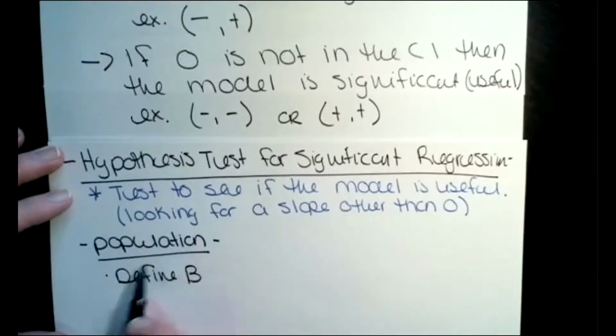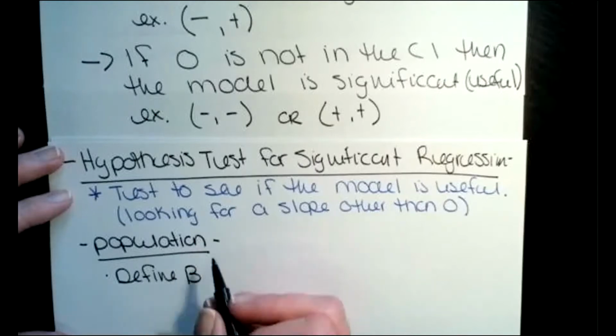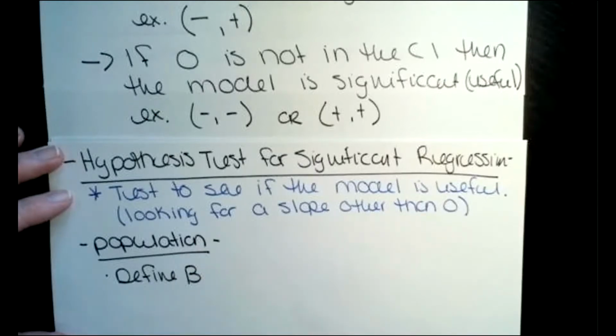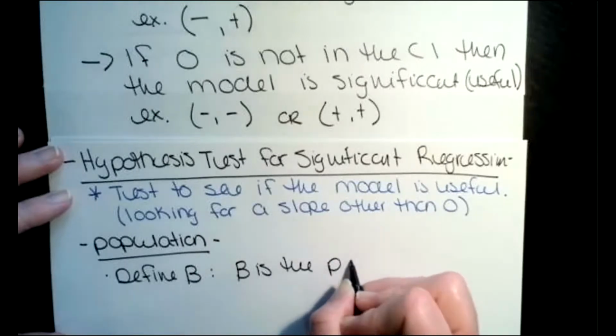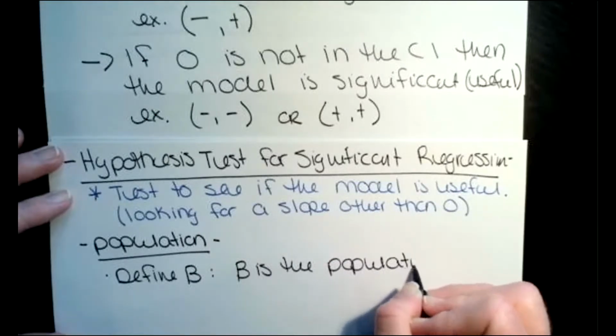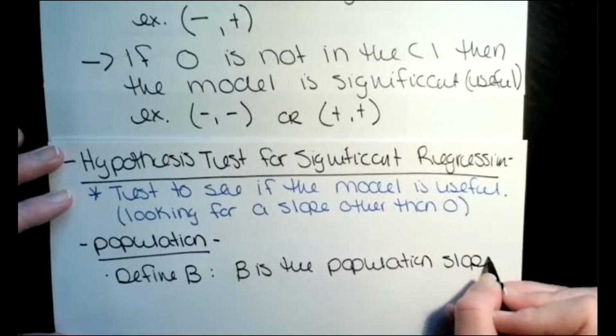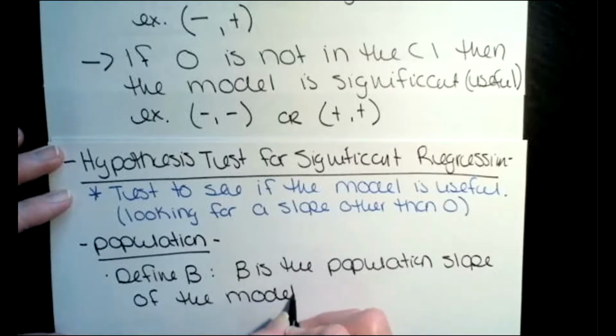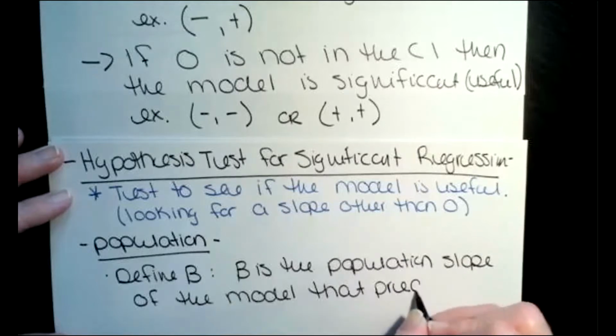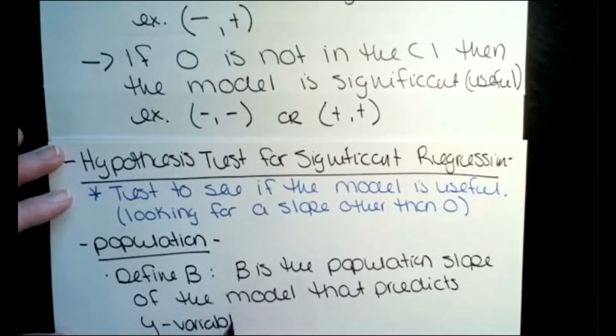Okay, yeah. So for the population, we're going to define beta. I'll define it now. And as you know, we're always going to put it in context, right? So we just say beta is the population slope of the model, or you could say of the line, that predicts y given the x.